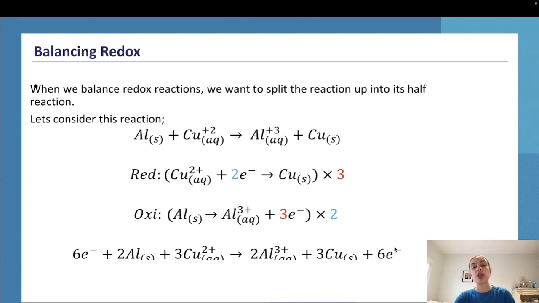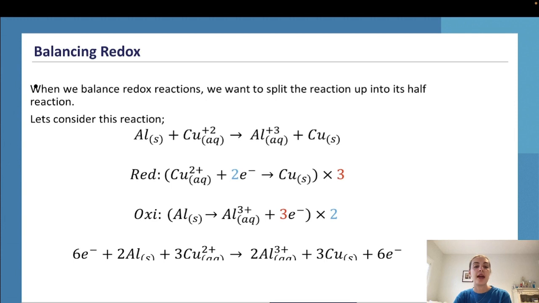And so now we just want to check that we've balanced it correctly. We can see we've got 6 electrons on each side, which we can cancel out because there's no actual net change between each side.